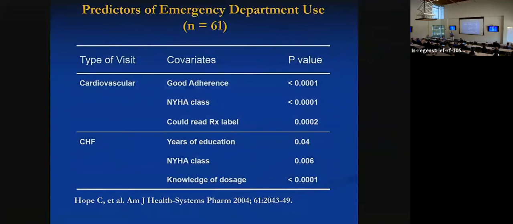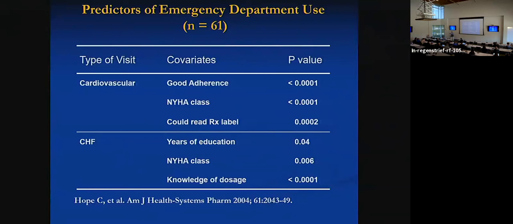Now, Carol looked at this for cardiovascular and heart failure admissions, or actually these are emergency department visits, and found that after adjusting for New York Heart Association classification, which is a functional heart classification, things like good adherence and ability to read the label were favorable predictors of fewer emergency department visits.